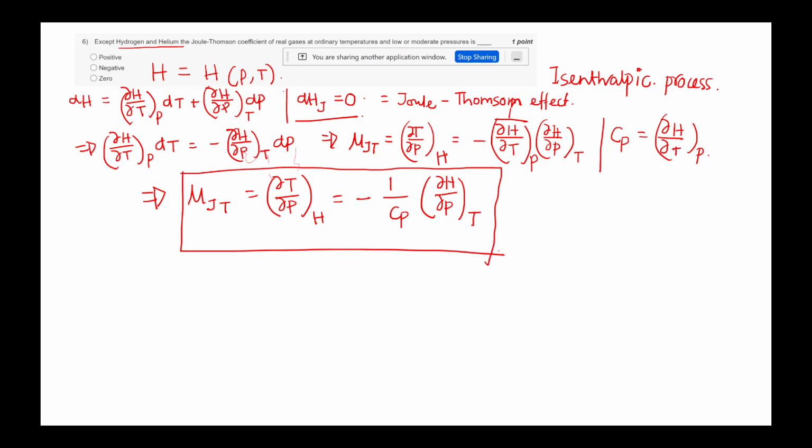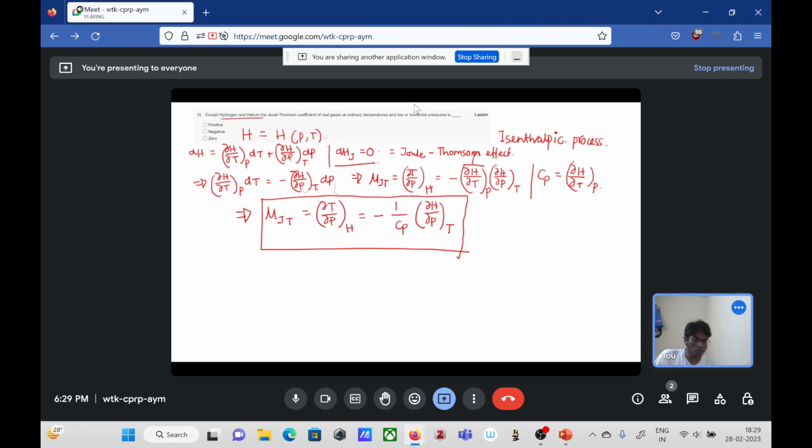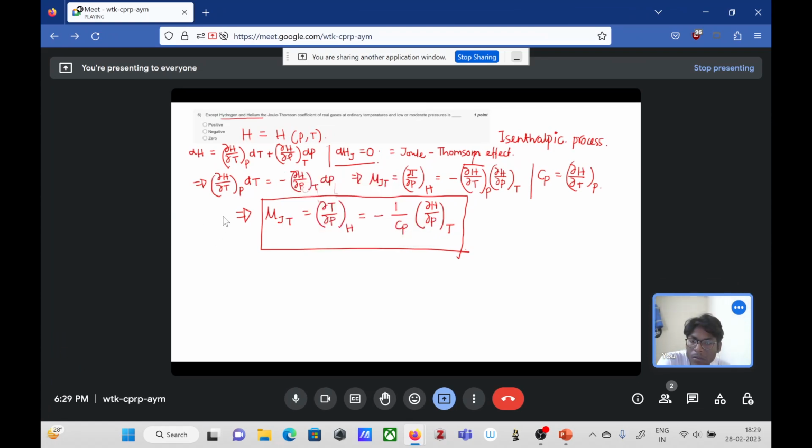Let's just revisit what we have just learned. Since enthalpy is a function of the thermodynamic variables pressure and temperature, we can expand it with respect to those variables and get del H del T at constant pressure dT plus del H del P at constant temperature dP.